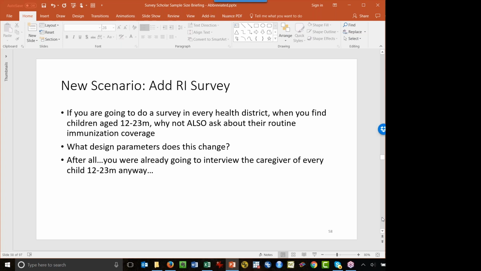And in real life, in Burkina Faso, they said, in this coming year, we expect to do a thorough routine immunization program review. We would love to have guidance for how is the performance in each health district so that we can take steps to learn from those who are doing well and to improve those who are doing less well. Could we maybe do this?